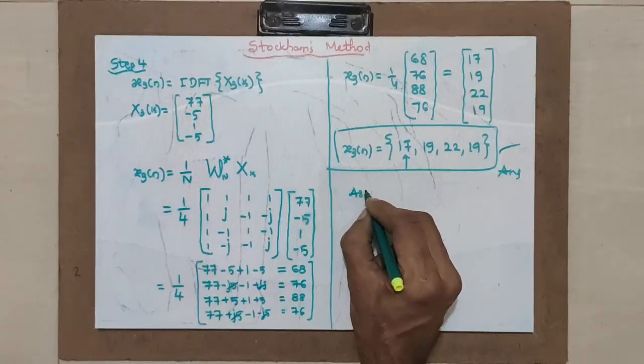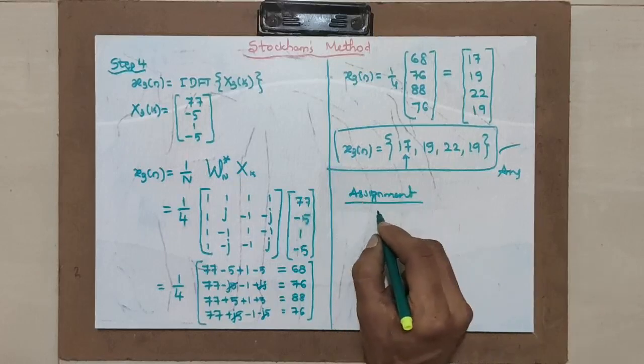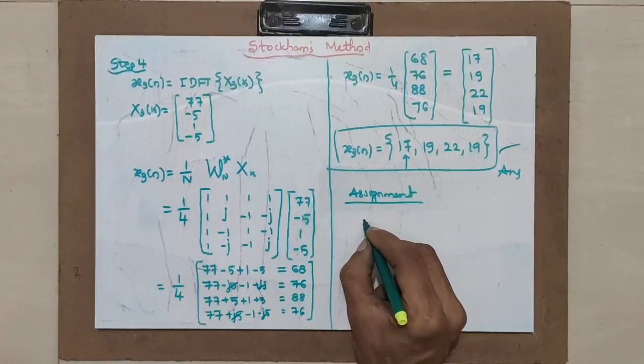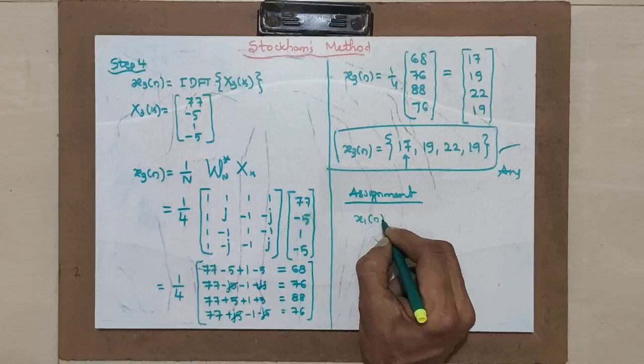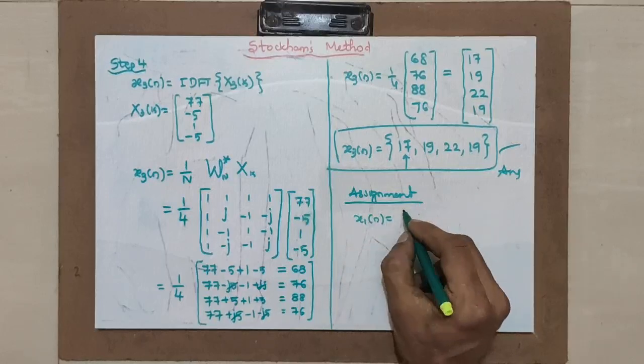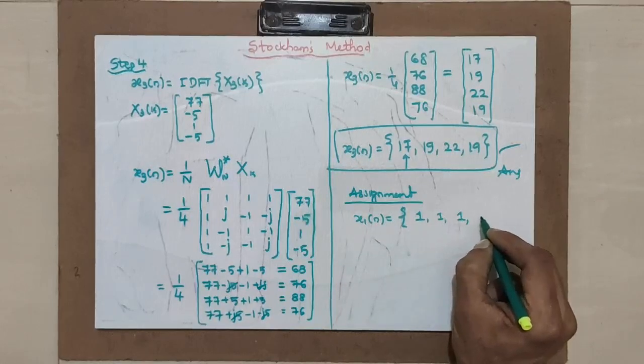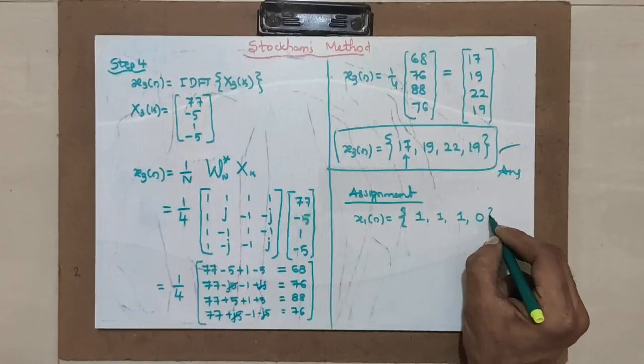This is the assignment which you have to solve along with this. X1(n) is equal to 1, 1, 1, 0.